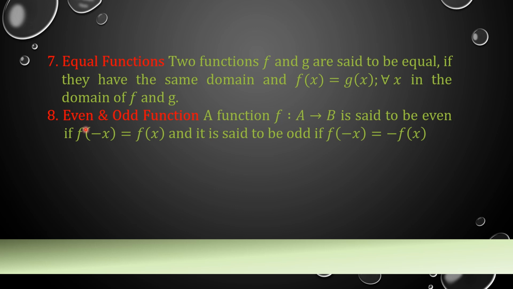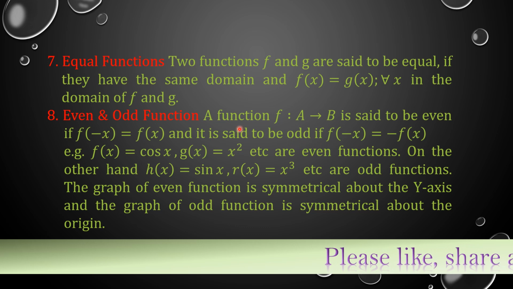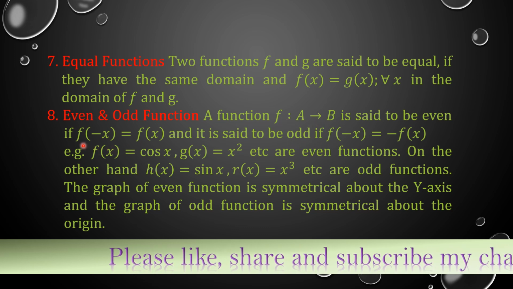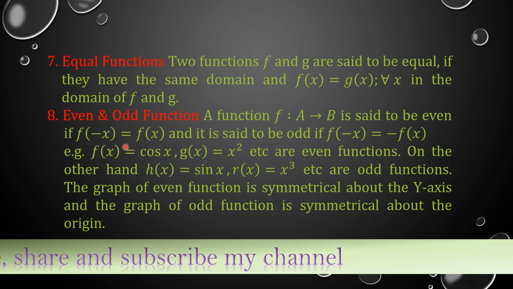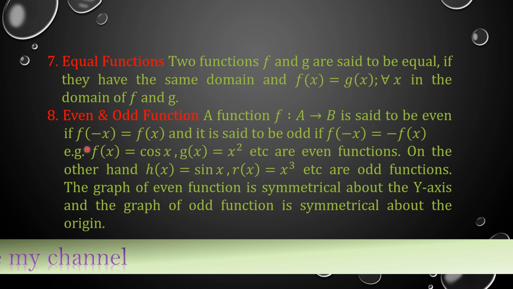You see, even and odd function. These two functions actually we discussed in the first year classes. F from A to B, this function is said to be an even function if it satisfies this relation: f(-x) is equal to f(x).